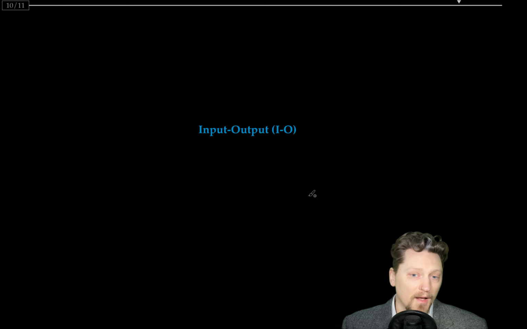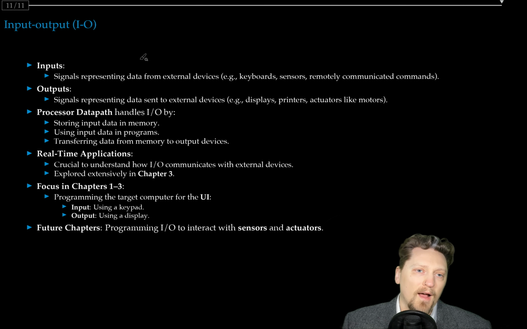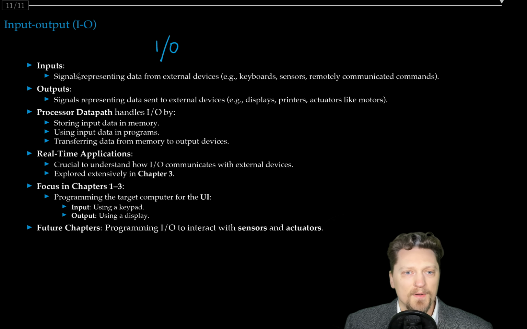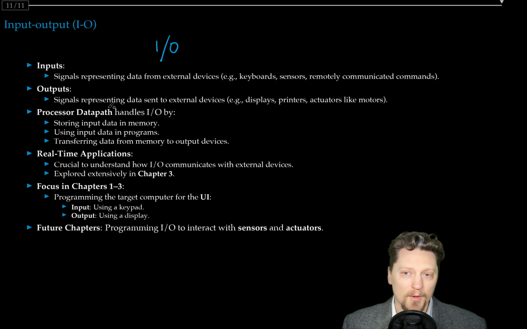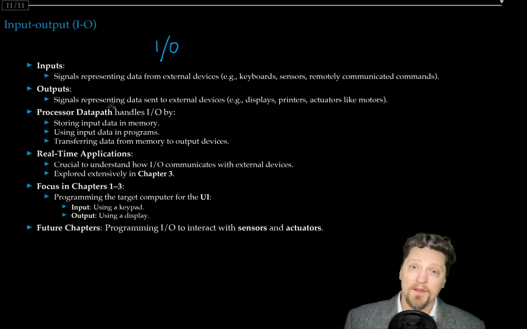Okay, finally, input and output. Input, output. We usually use I/O for this. Inputs are signals representing data from external devices, which can be from the user, like keyboards, but it could also be from other devices like sensors or remotely communicated commands from a user or from another computer.